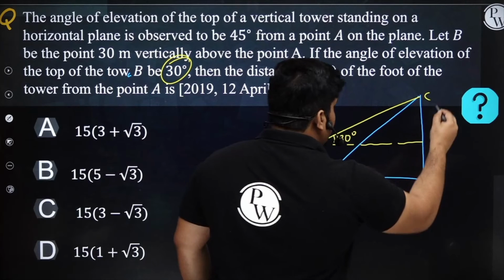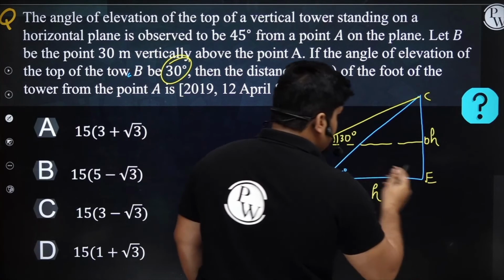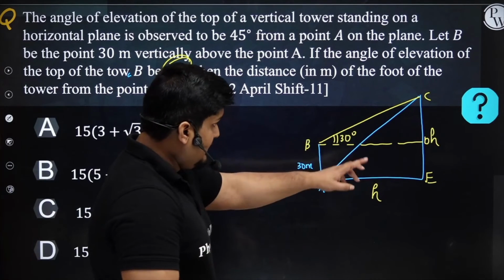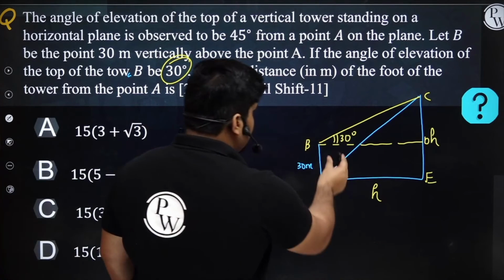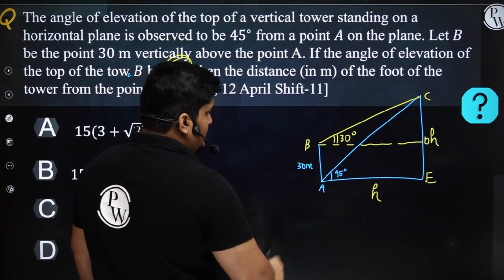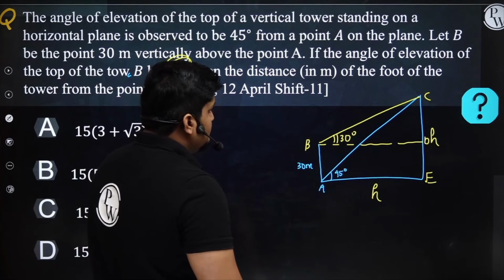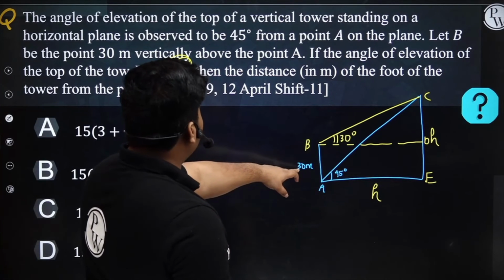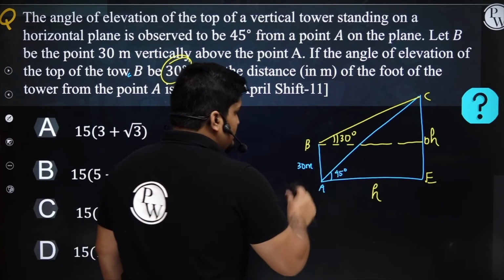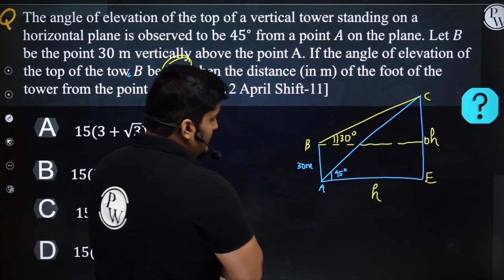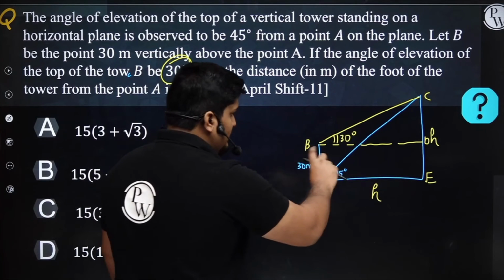Let's say this is CDE. So CE and A will be equal because this is 45. This distance is 30 meter, nothing extra is known. So if this is 30 and this is 45, how can we utilize this length 30 here?